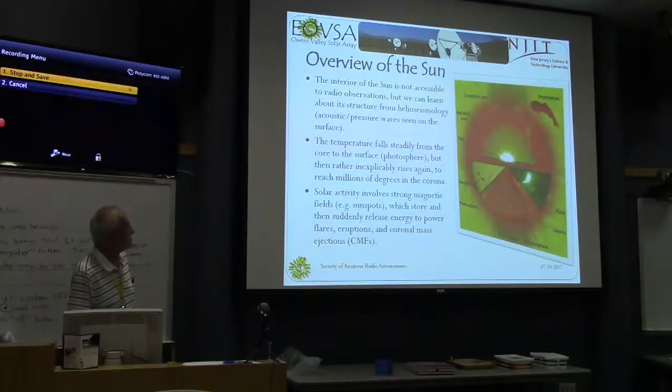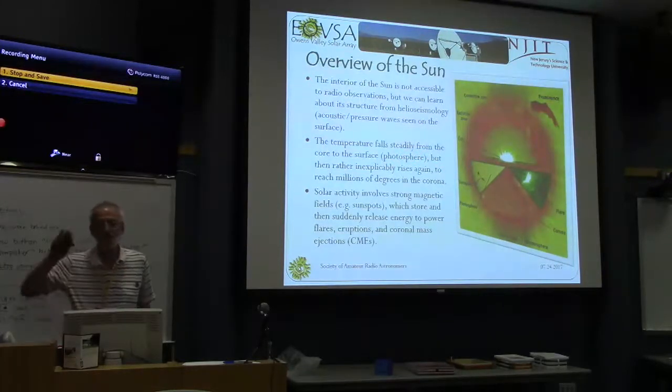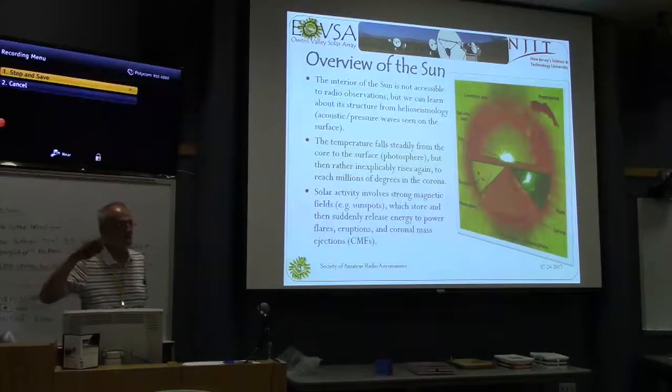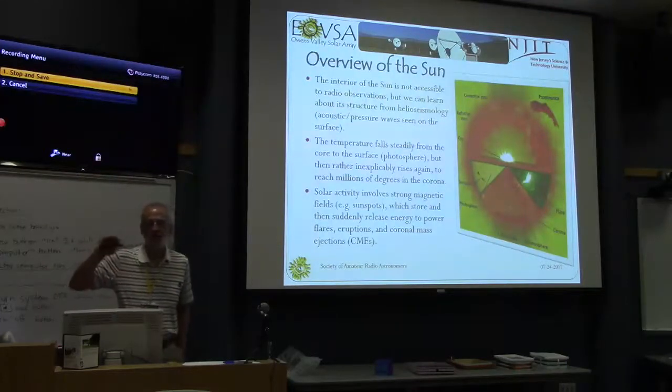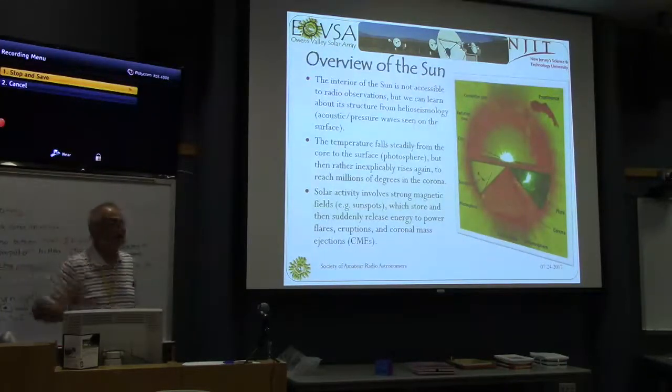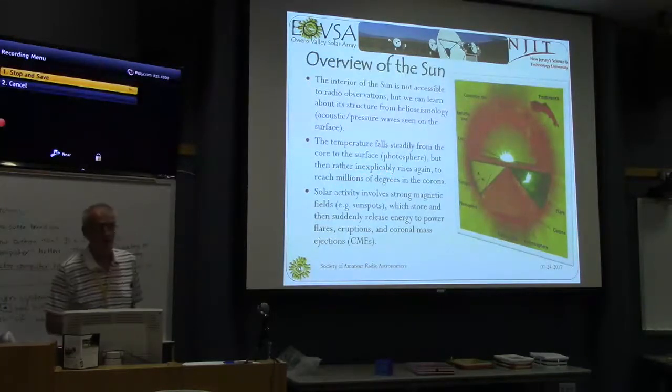So the temperature falls steadily from the core to the surface, the photosphere, and a little bit above the photosphere is the temperature minimum. And that temperature is around 4,500 Kelvin. And then as you go higher in the atmosphere, rather inexplicably, the temperature rises again, and it reaches millions of degrees in the corona.